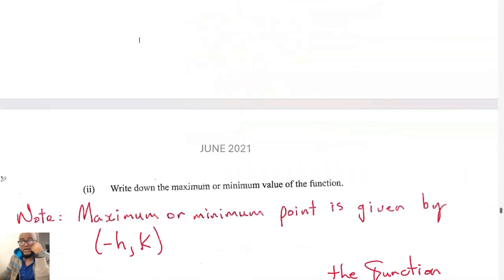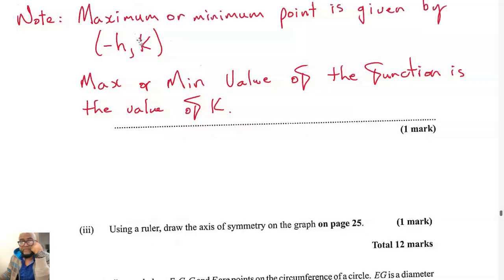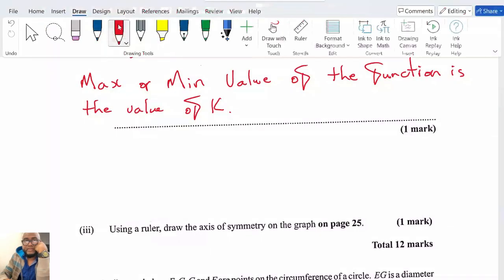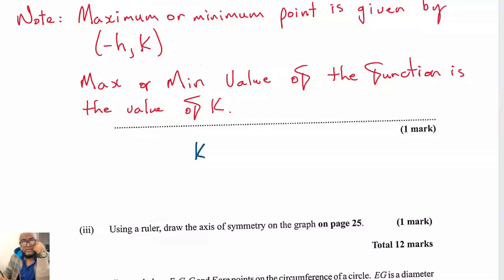So that is your minimum value. Everybody good there? It is negative 4.2, sorry. Negative 4.2.